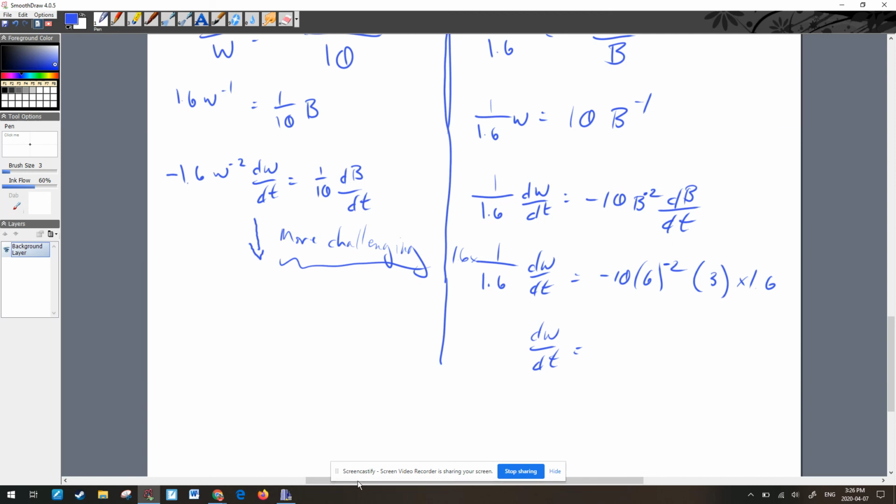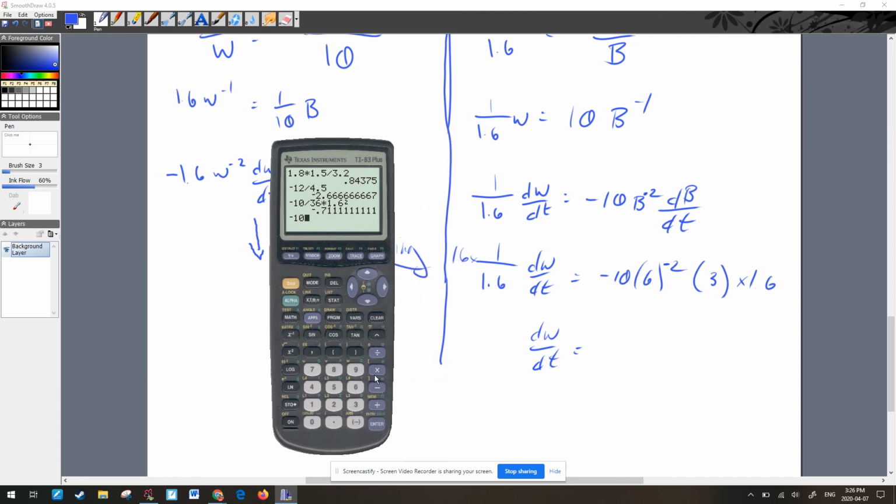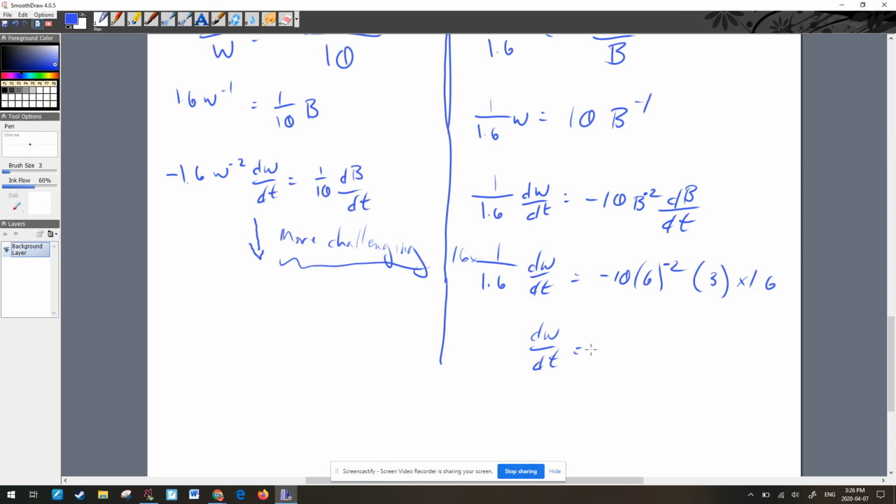So negative 10 times 6 to the exponent negative 2 times 3 times 1.6. Okay, and we're going to get negative 1.3 repeated, and that would be, of course, meters per second.